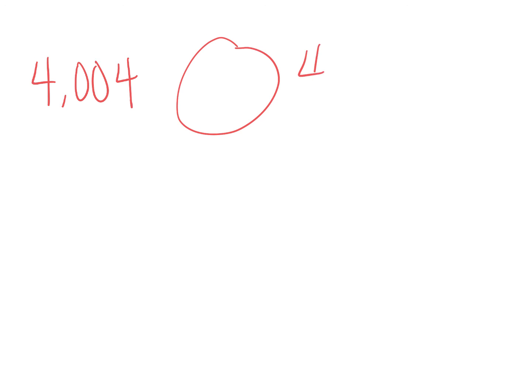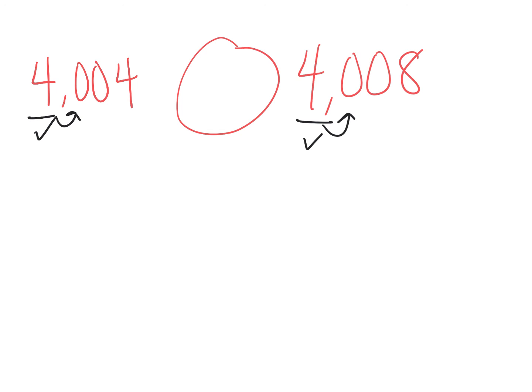If we have the numbers 4,004 and 4,008. Some of you are going to be able to see right away, but we're going to use the same method as last time. The thousands and the thousands are the same. We check it off. We move next door. Those zeros are the same.